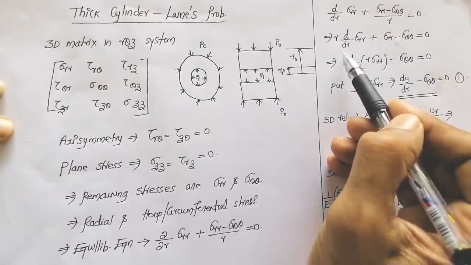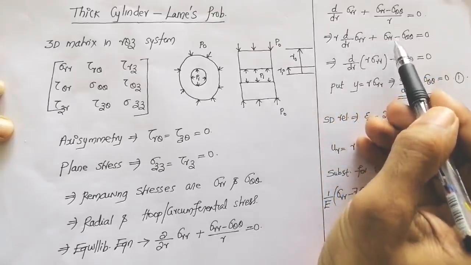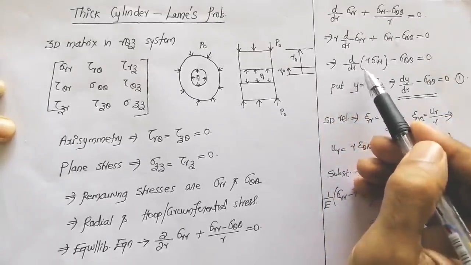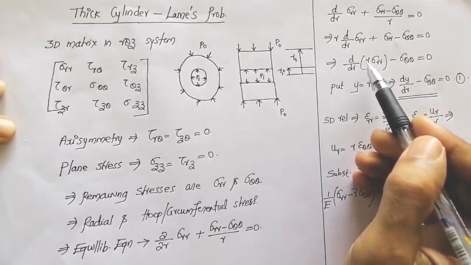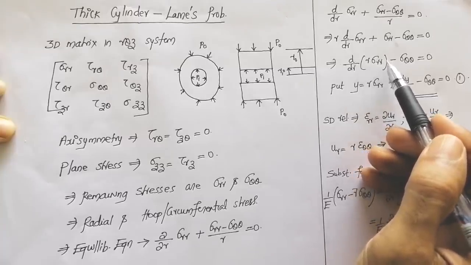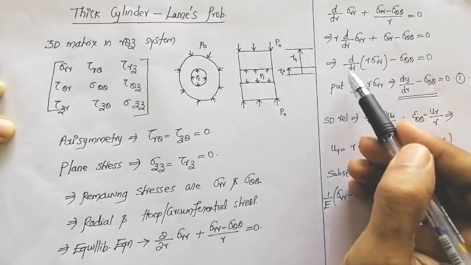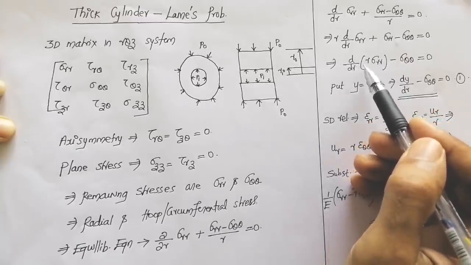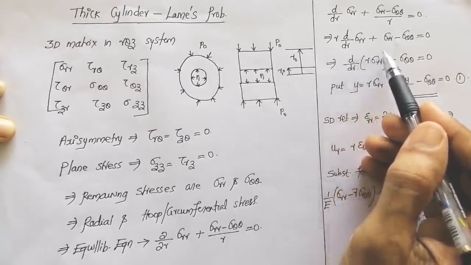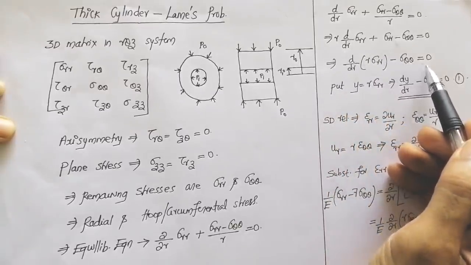Now r d by dr sigma rr plus sigma rr, these initial two terms can be written as d by dr of r sigma rr. How do I obtain this? If I differentiate by the UV principle, first function into differential of second function plus second function into differential of first function. So if I differentiate this component d by dr of r sigma rr, I will get the initial two terms of this equation. Now minus sigma theta theta equal to 0.